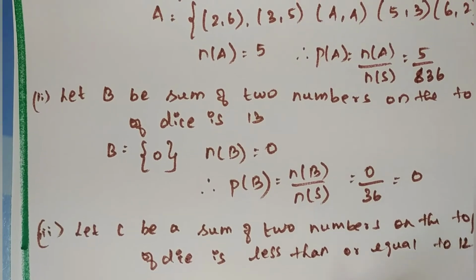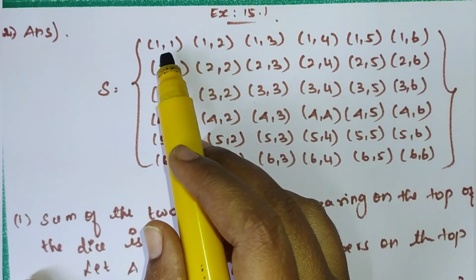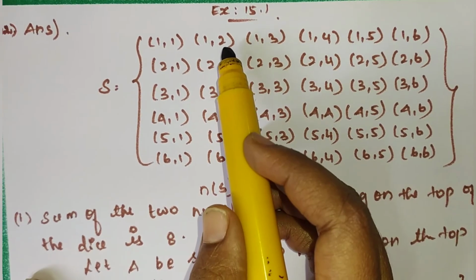It can be less than or equal to 12. So (1,1) is 2, it is less than 12. (1,2) is 3, it is also less than 12.